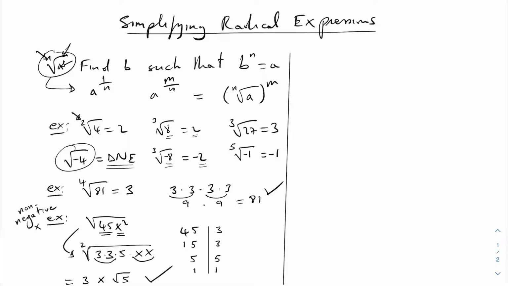In our next example here, I'm going to have the square root of 10x multiplied by the square root of 8x. Now, because these are factors, meaning they are multiplying each other, I can actually push them all together under the same root. So I'm going to have the square root of 10x times 8x. And so I'm going to go ahead and break this 10 and this 8 into their factorial decomposition.